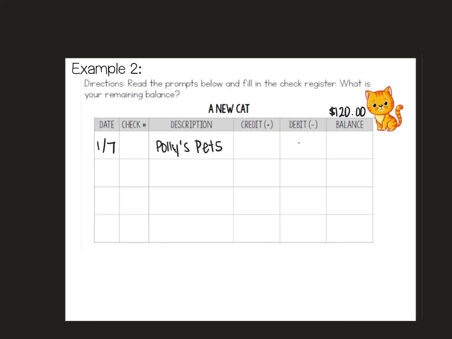It's not a credit because we're spending money. So since we're losing money, we're going to put it under debit. And I'm losing $35. And then our remaining balance, again, we're taking $120 minus $35. So our remaining balance would be $85.